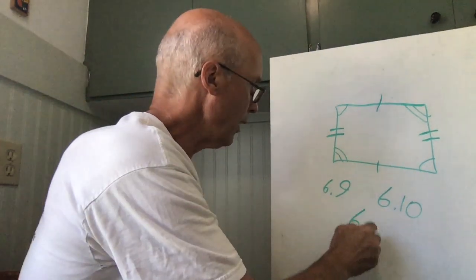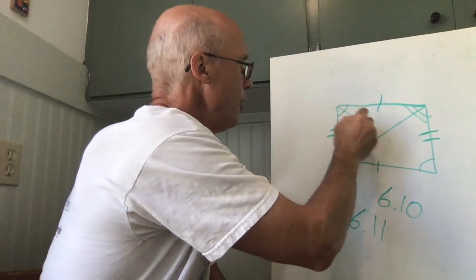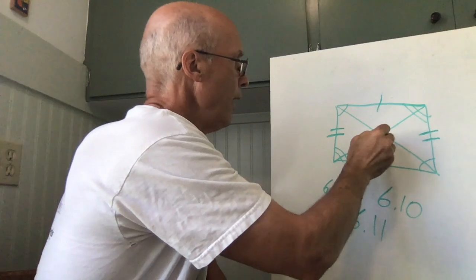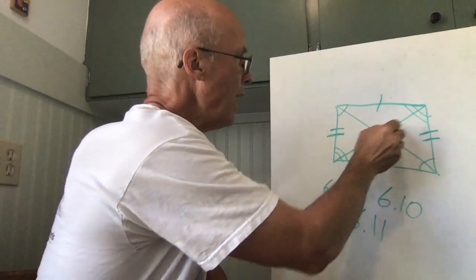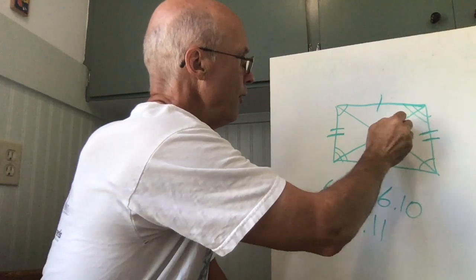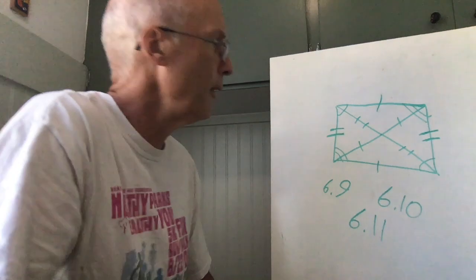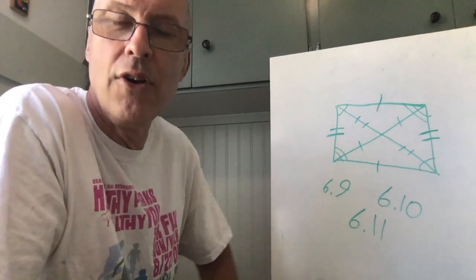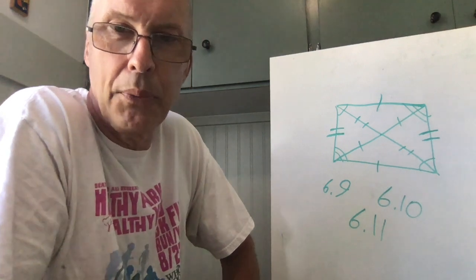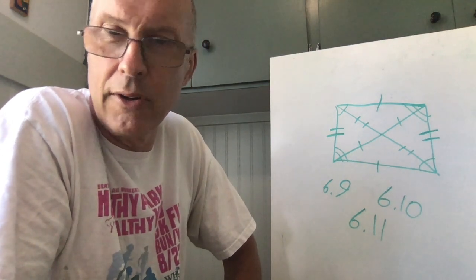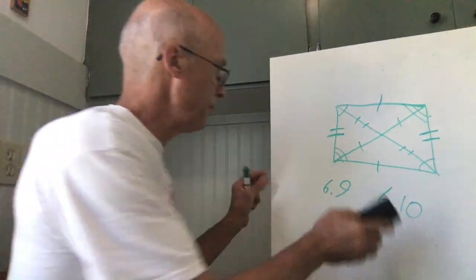And 6.11 says that if you know that these diagonals bisect each other, in other words, this is going to be the same as this, and this is going to be the same as this, then you know that this is a parallelogram. Okay? So again, 3 converses of the theorems you already learned, and there's one new one that they threw in.